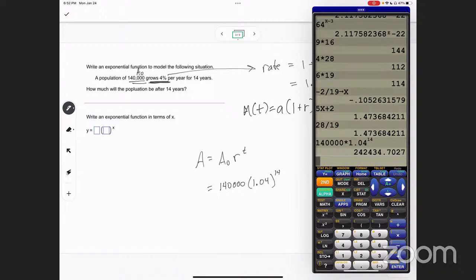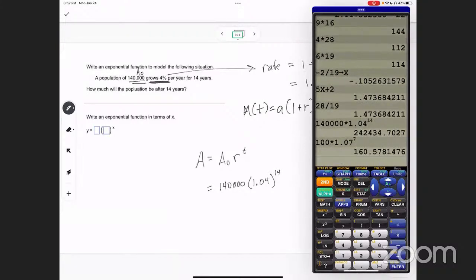The rule of sevens. So if the interest rate was 7%, let me give you an example. Let's say 100 is what I started with, and the interest rate was 7%, so 1.07, then it's going to roughly double in 7 years. And that didn't work. No, in 10 years.